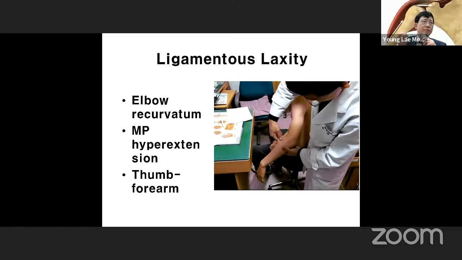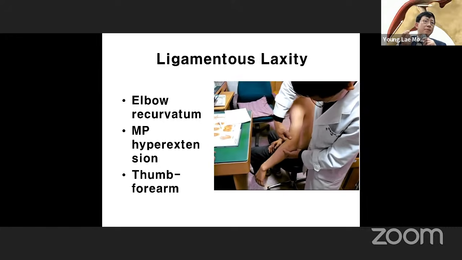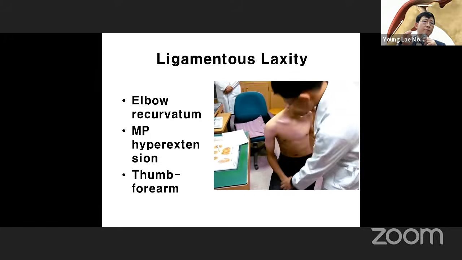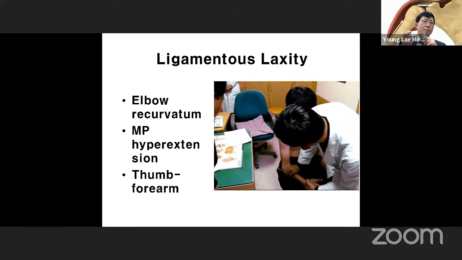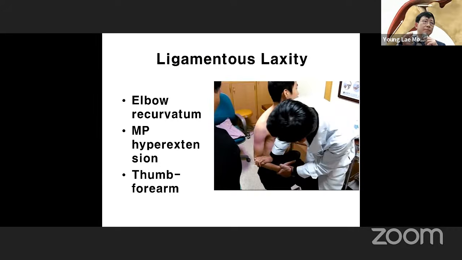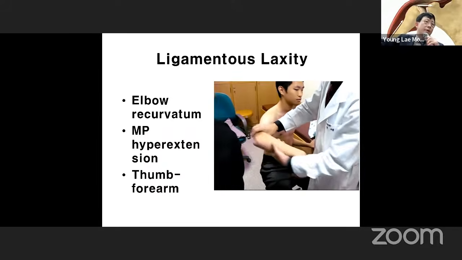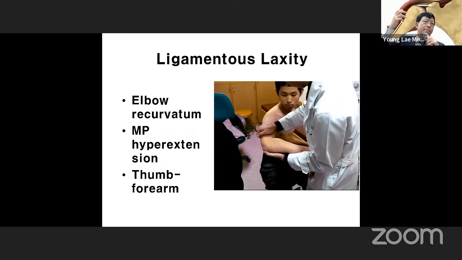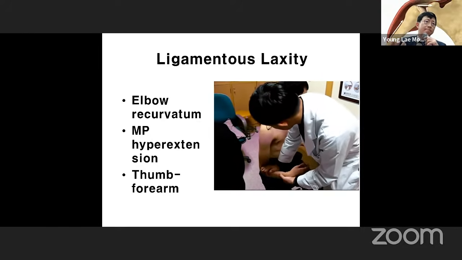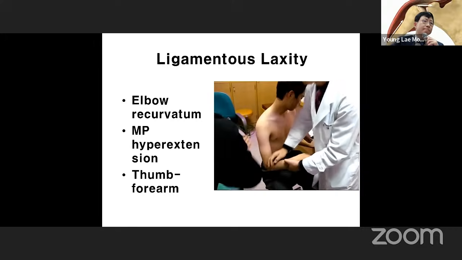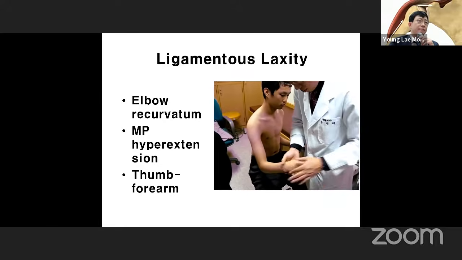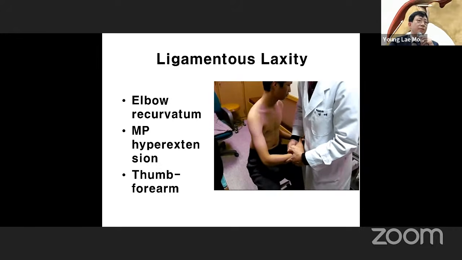So whether the patient has some skin stretch or inferior translation and elbow recurvatum, yes, we need to check other joints too, such as MP hyperextension and forearm distance.